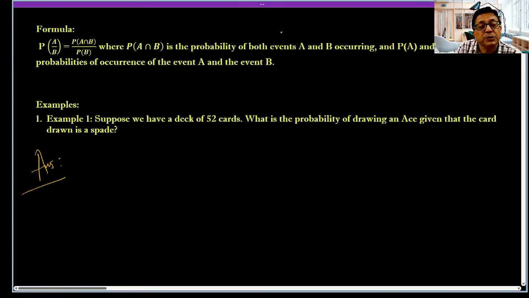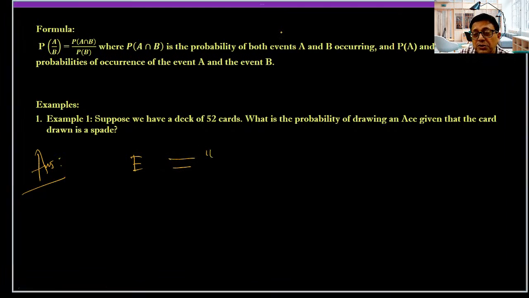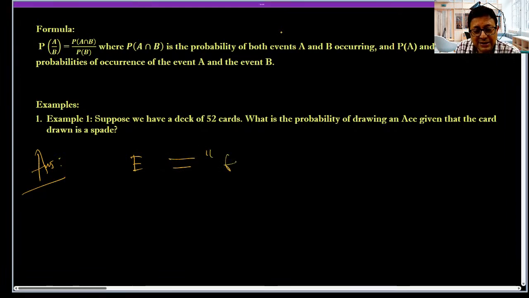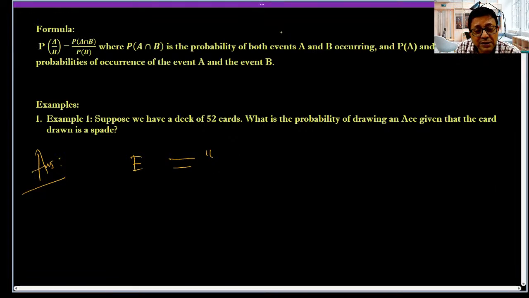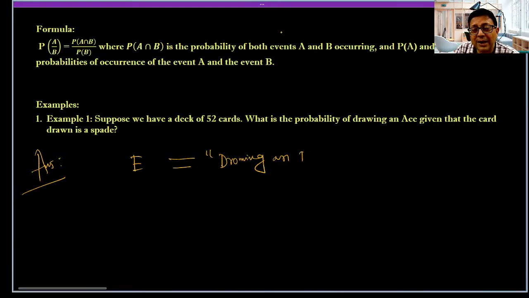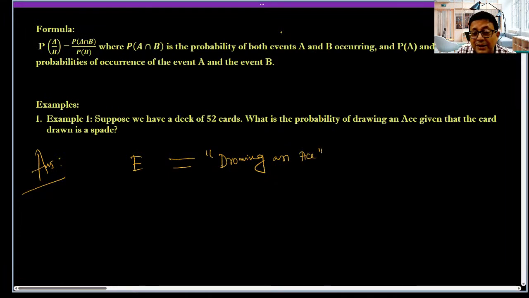Suppose you have a deck of 52 cards. Let E denote the event of drawing an ace. How many cases are there?